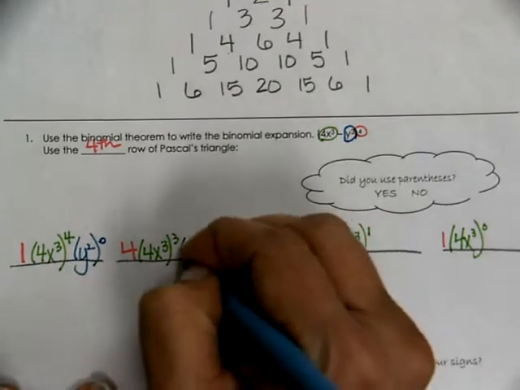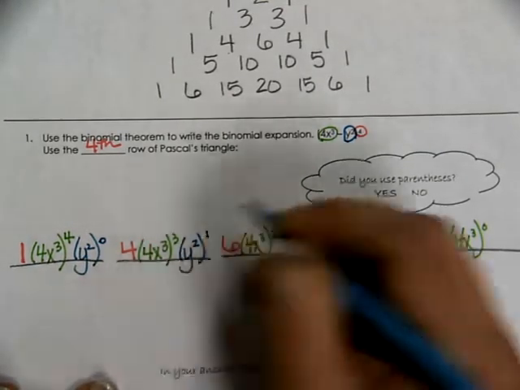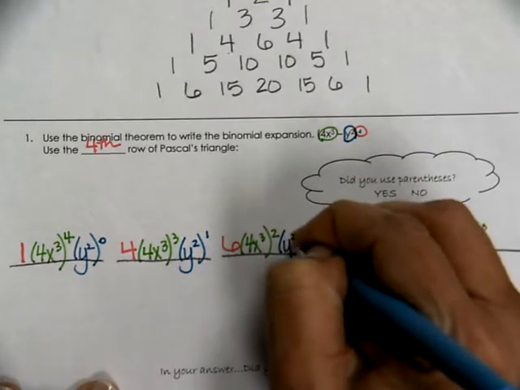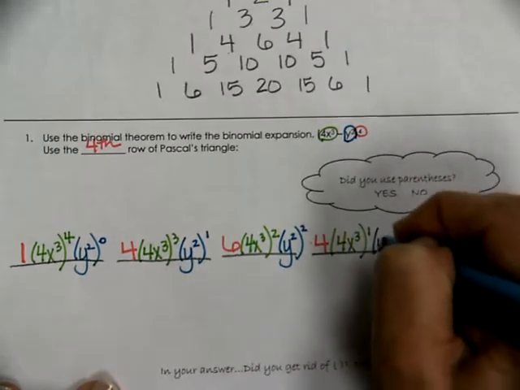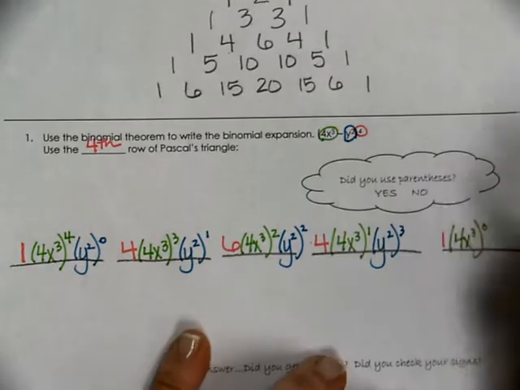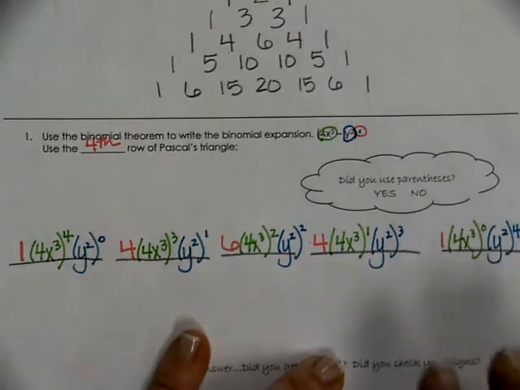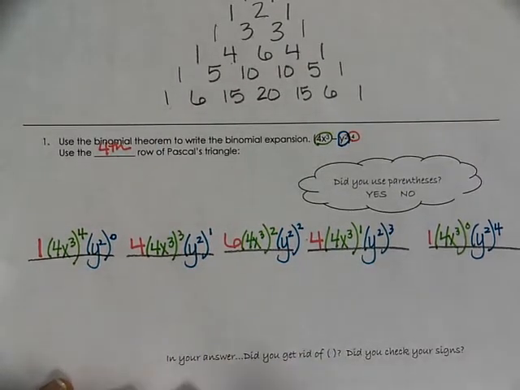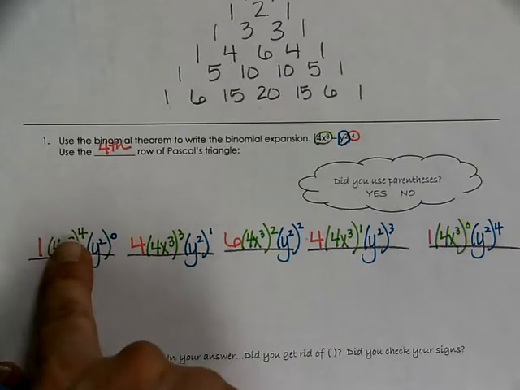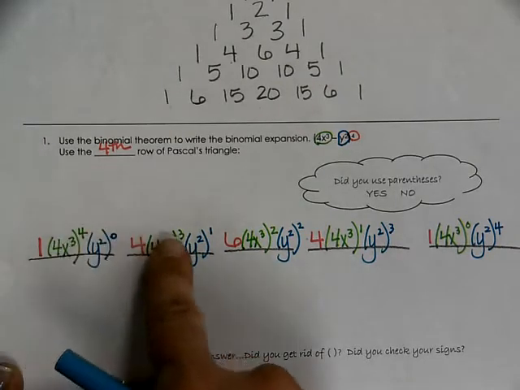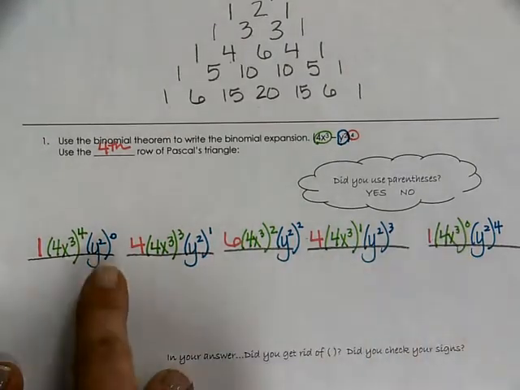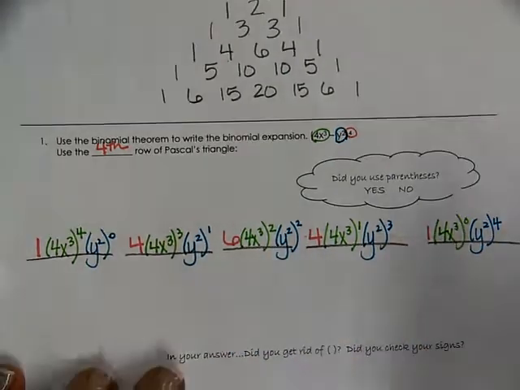So y squared to the 0, y squared to the first, y squared to the second, y squared to the third, y squared to the fourth, okay? Notice that one exponent decreases: 4, 3, 2, 1, 0. These increase: 0, 1, 2, 3, 4, okay?